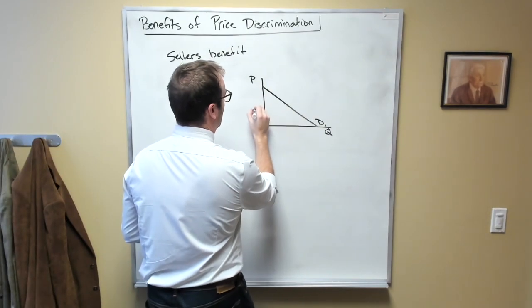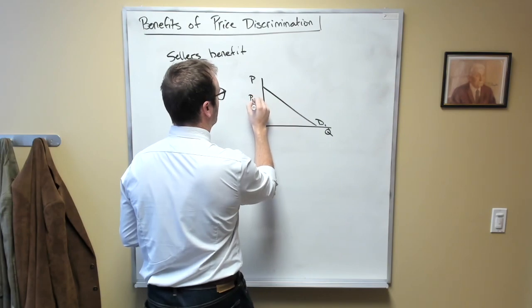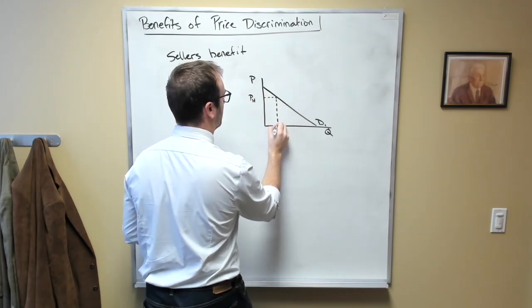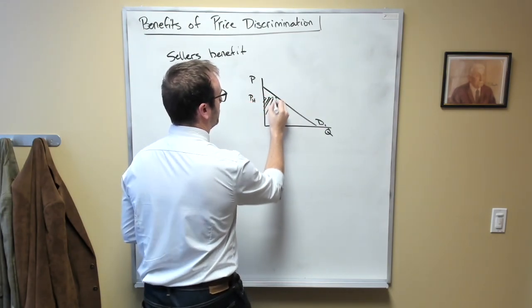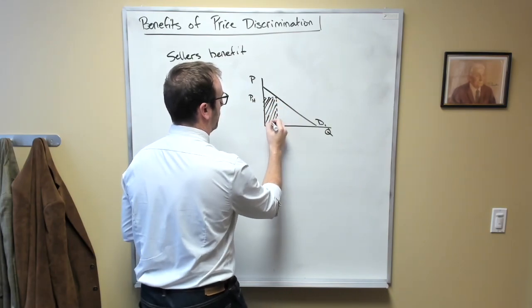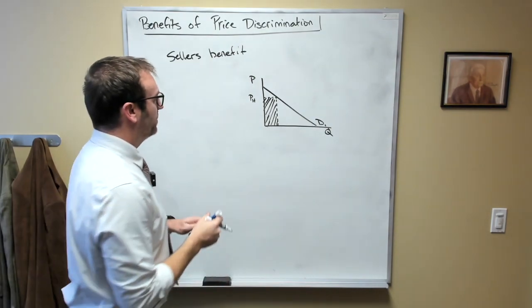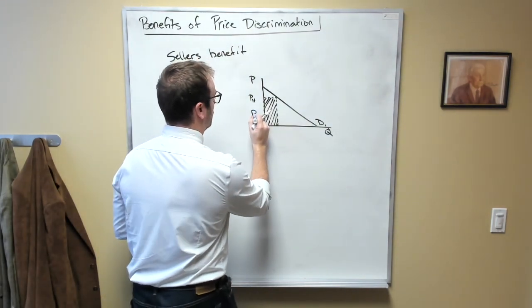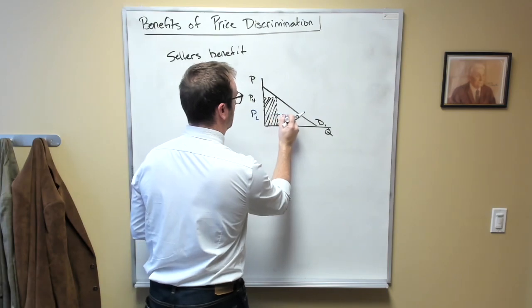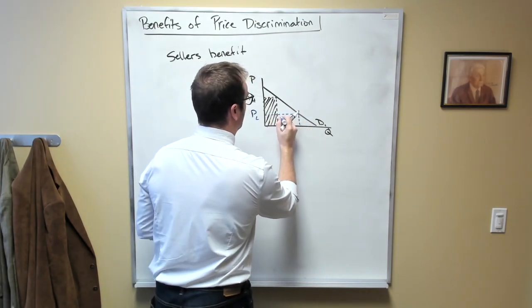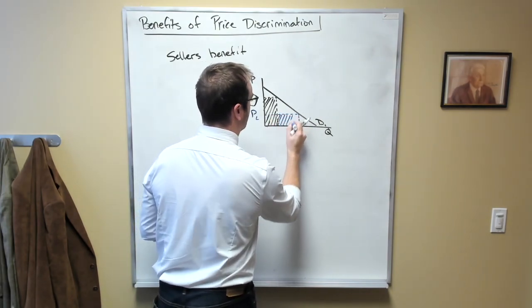Well, if they had a group of people who had a high willingness to pay, then they would earn this much revenue off of that group. And if they had a separate group that was only willing to pay a lower price, then they would gain this revenue here.